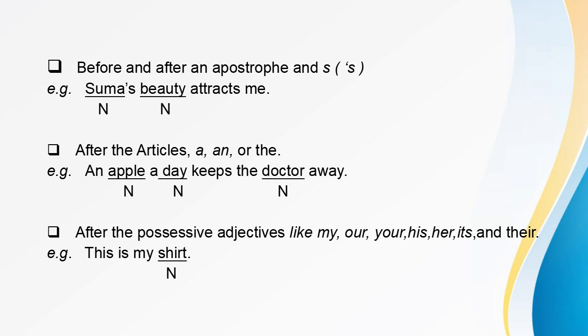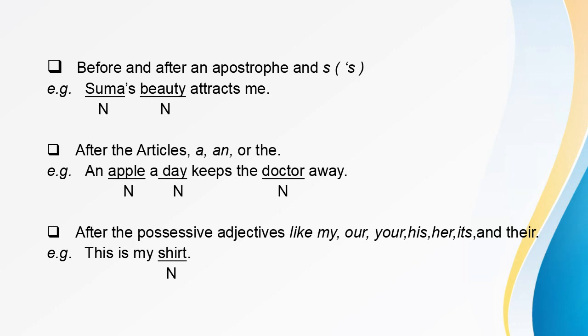Let us see the example now. Suma's beauty attracts me. In this sentence, Suma's beauty is the subject and attracts is the verb and me is the object. And in the first part of the sentence, subject, Suma's beauty, in this phrase, apostrophe s is given.